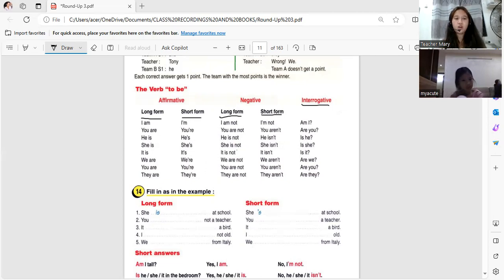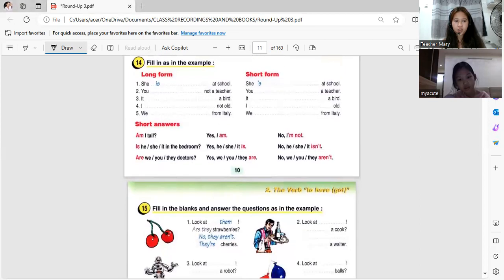What could be the long form for this one? What word?